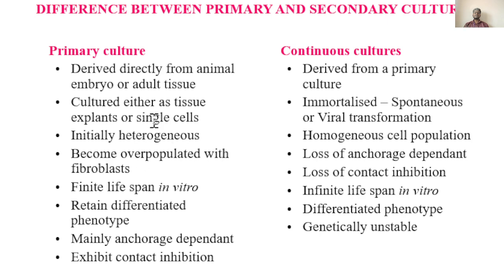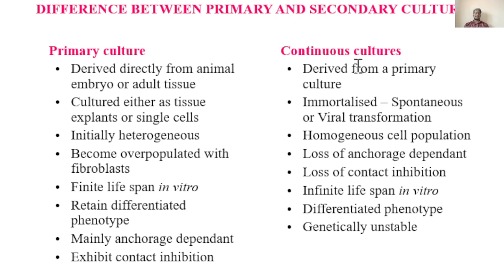Normally those sources will have a heterogeneous cell population and, very important, a finite lifespan in in vitro conditions. The same cell in vivo will grow any number of times because that is controlled by several factors in the body. But in in vitro conditions, it will respond only for fewer divisions. It will be mainly anchorage dependent and exhibit contact inhibition.